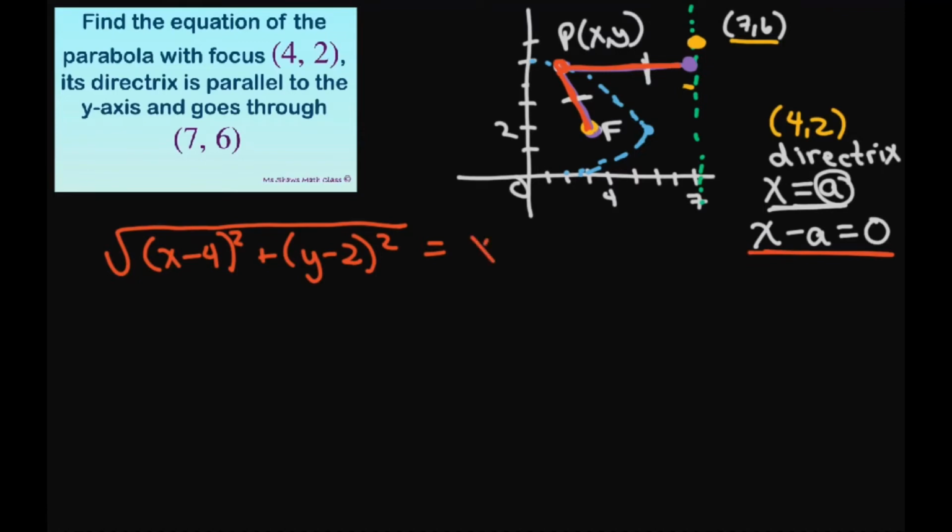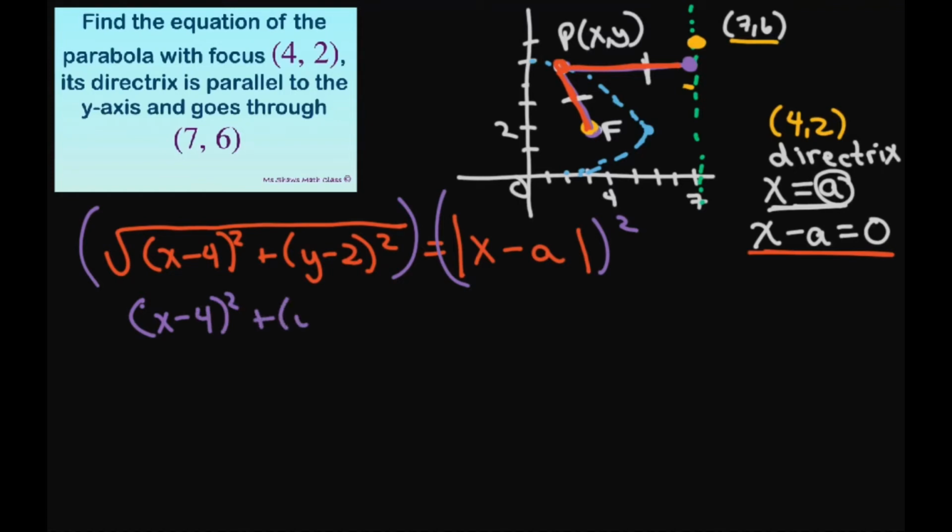So that's going to be x minus a. Also, distance has to be positive, so you put the absolute value. Now, if we square both sides, we can solve this. For the left-hand side, we're going to get (x minus 4) squared plus (y minus 2) squared equals (x minus a) squared. We don't need the absolute value when you square it.